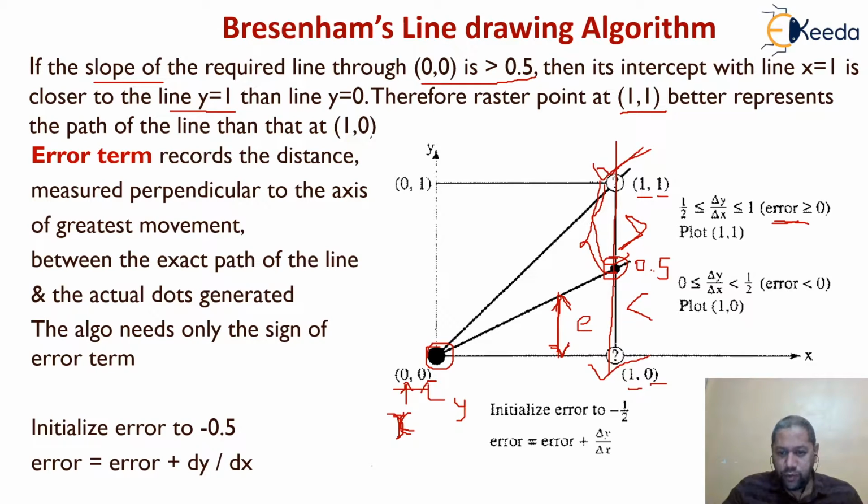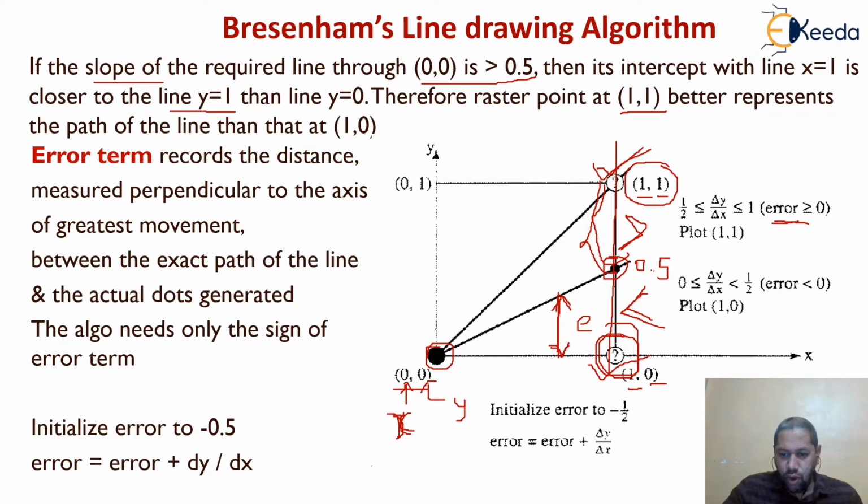So what I'm saying is, if the slope of the required line is greater than 0.5, this is the correct pixel. If the slope of the line is less than 0.5, this is the correct pixel that I have to draw.